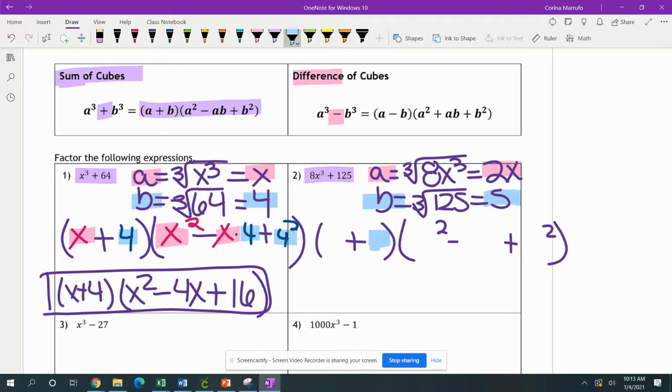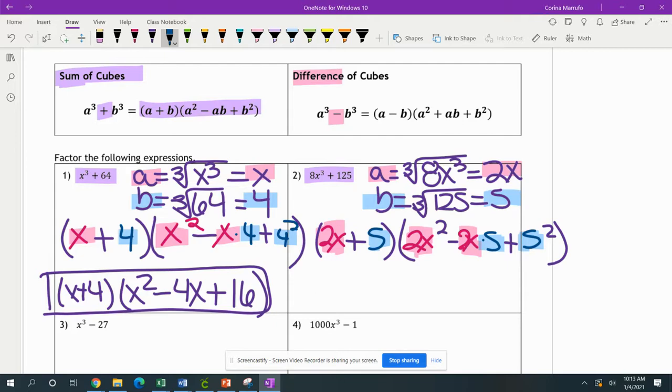This one's b, this is b, this is a, this is a, and this is a. That's where I plug in my a's. Now we know a is 2x. This is 2x, and this is 2x. And we know our b is equal to 5, so this is 5, this is b times 5, and this is 5.